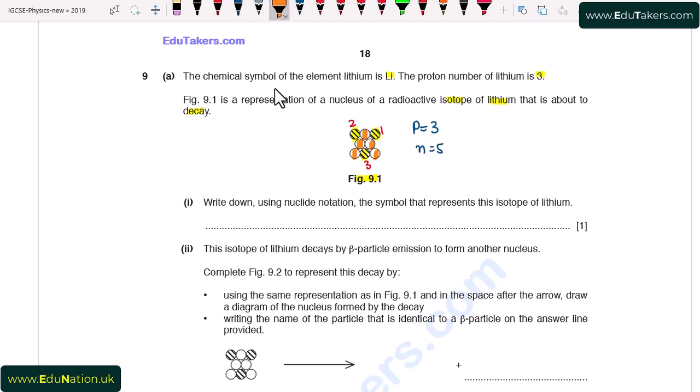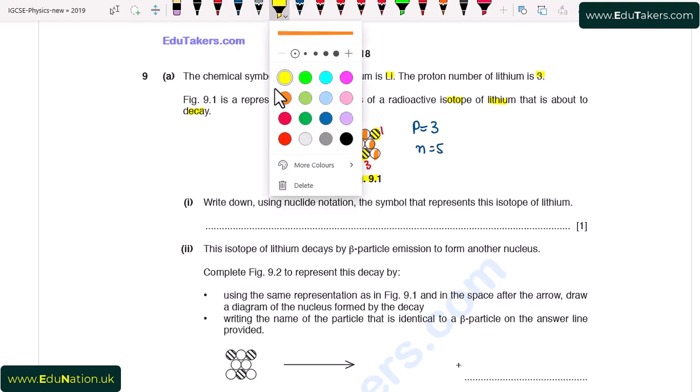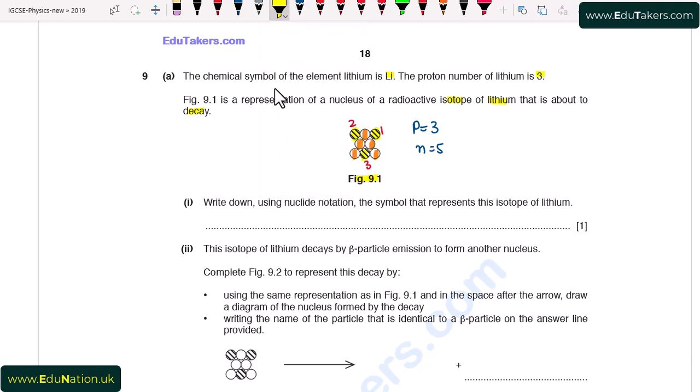Part 1. Write down using the nuclide notation the symbol that represents this isotope of lithium. So the symbol of lithium is Li, and at this position we write the atomic number, while at this position we write the atomic mass.